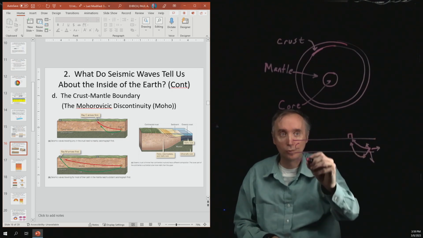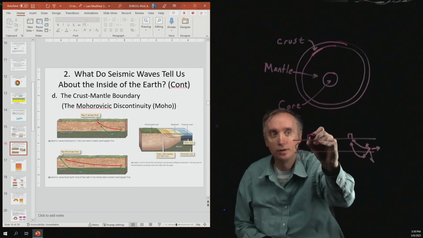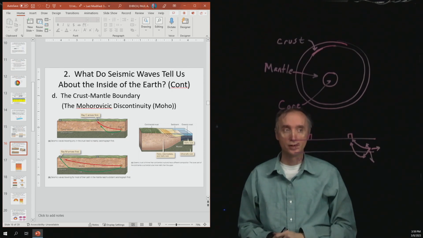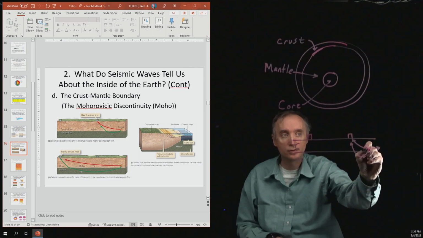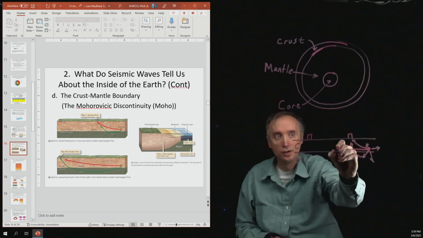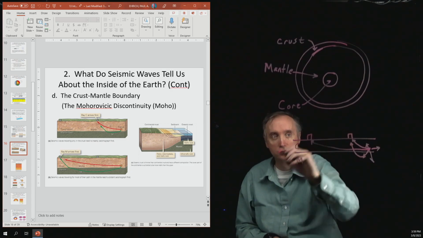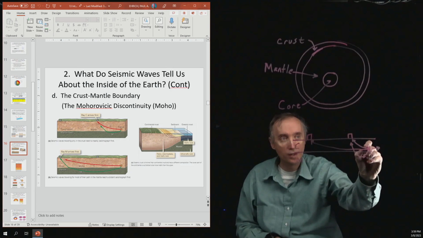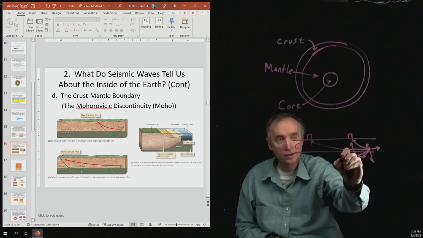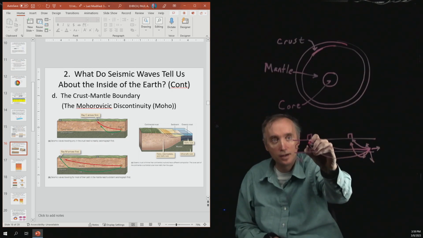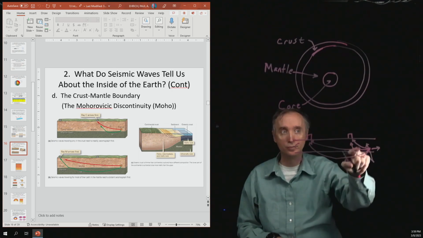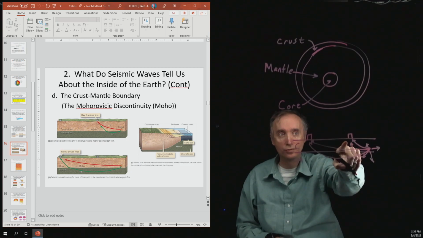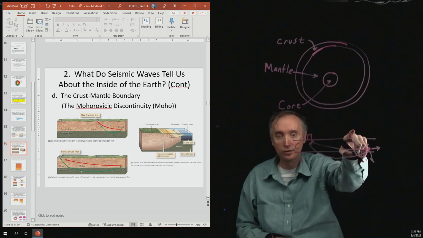Now on the other hand, what if there was a seismic station located over here? What's going to happen this time is that these waves are going to travel directly, and some of the waves are going to go through the mantle and then come back up. Well, this time there's going to be a difference. The first time, the waves that traveled through the crust got there first.